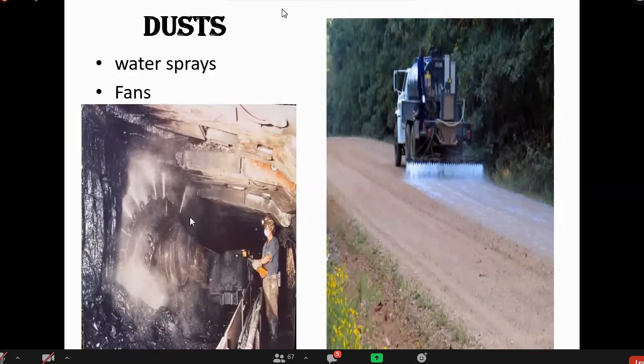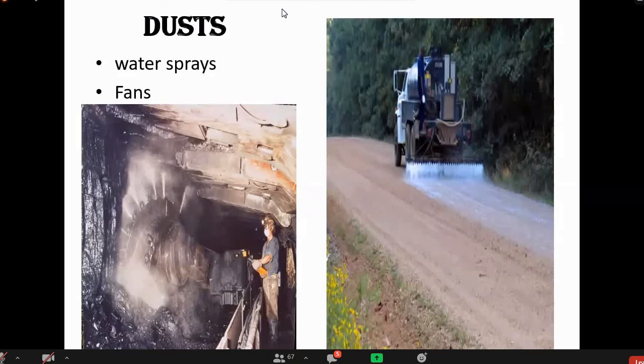So it is important we have water sprays or the proper type of fans used so that the dust is taken somewhere else and not inhaled by the employees.